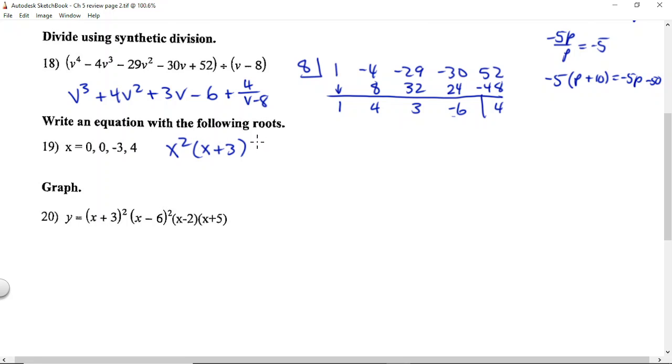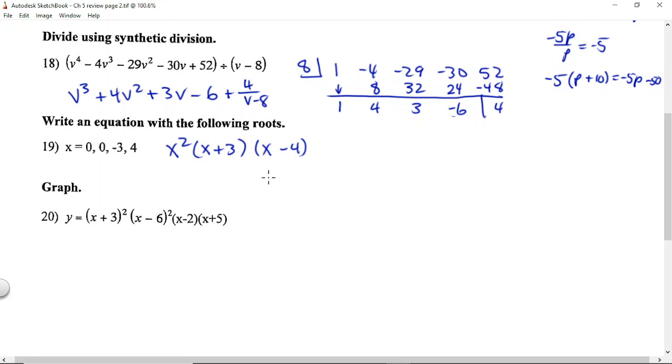Okay, and then the 4 will have a factor x minus, let me erase that little underline, x minus 4 for that one.